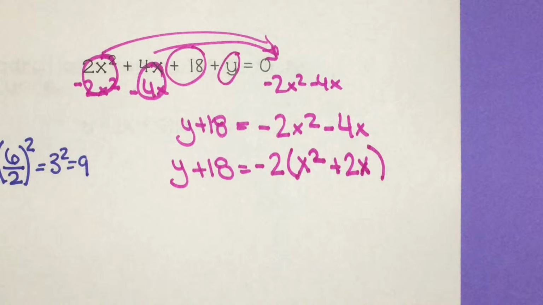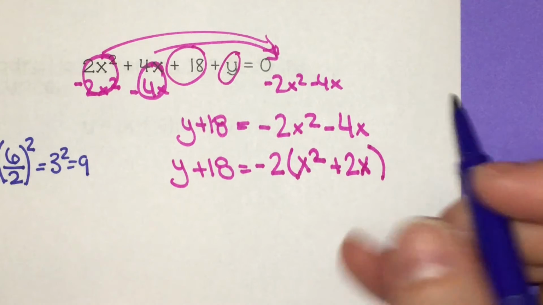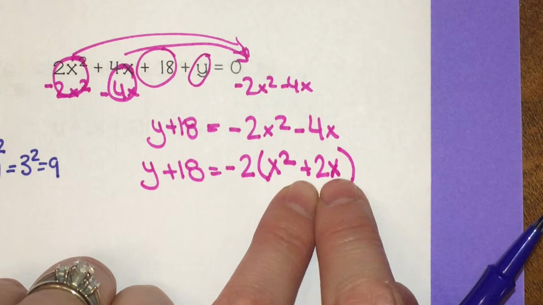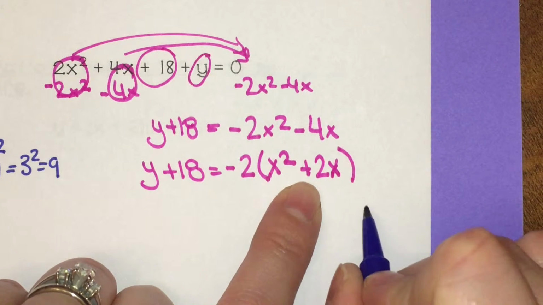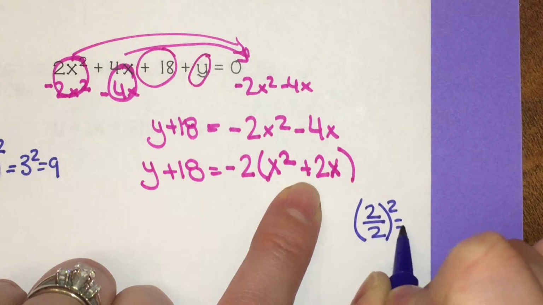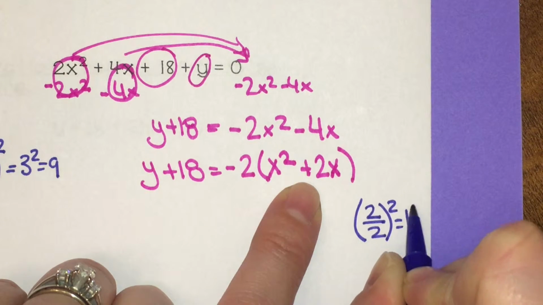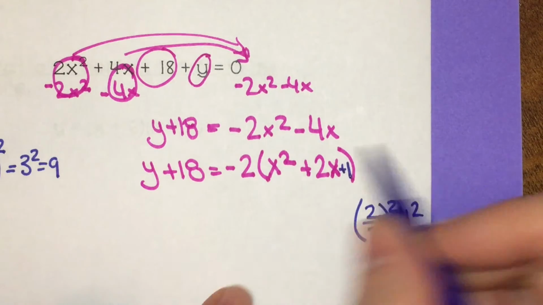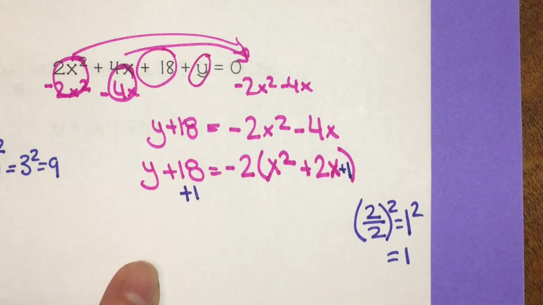Okay, so now I'm going to complete the square. But again, there's one little trick that we have to think about in this one. So completing the square, I'm going to look at my number that's multiplied by x, which is 2. So I'm going to do 2 divided by 2, squared. 2 divided by 2 is 1, and 1 squared is 1. So I'm going to add 1 to both sides of the equal sign.